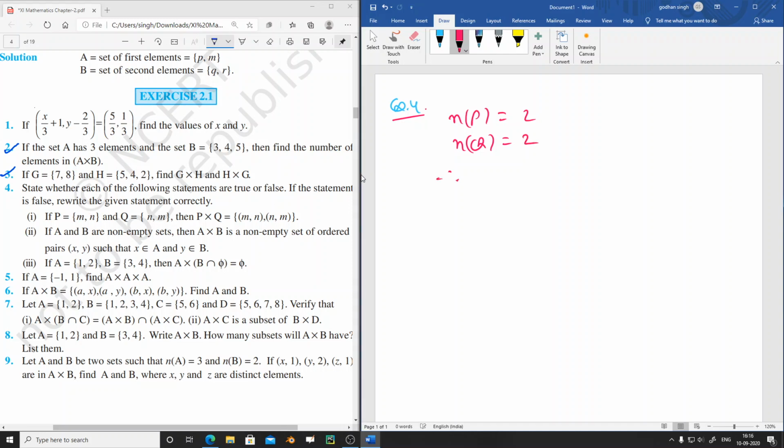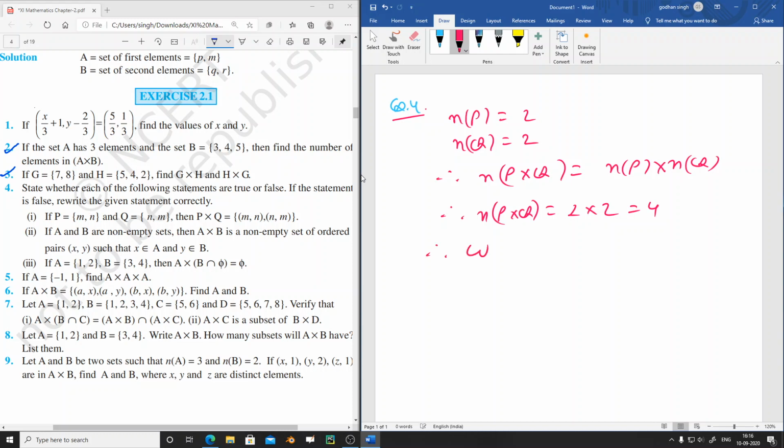So n(P cross Q) should be equal to n(P) into n(Q), that is 2 times 2, which is 4.